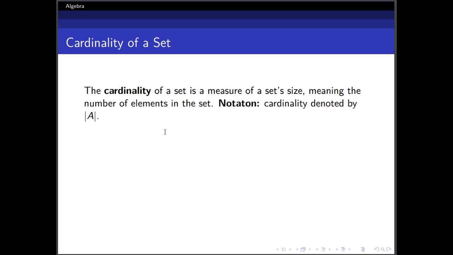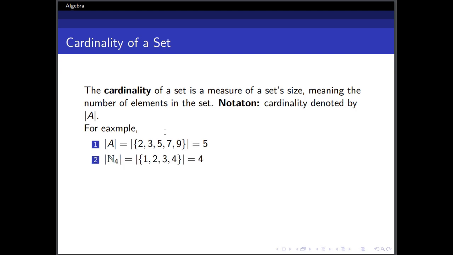And the cardinality of any set is denoted by mod A, but we read it as cardinality of A. For example, if A has these elements 2, 3, 5, 7, 9, then it has exactly 5 elements, so the cardinality of set A is 5. Similarly, N4 has exactly 4 natural numbers, the first 4 natural numbers, so its cardinality is 4.